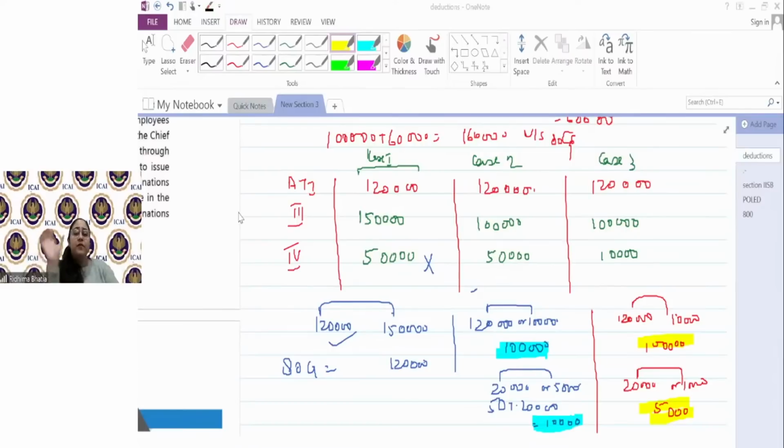From the qualifying limit, third category ka 100% if it is coming in that, allowed fully. And agar donation zyada hai from the qualifying limit, only qualifying limit would be allowed as the deduction. And fourth category mein, once third is cleared, uske baad whatever amount is there and the donation which is made, 50% of that would be allowed.